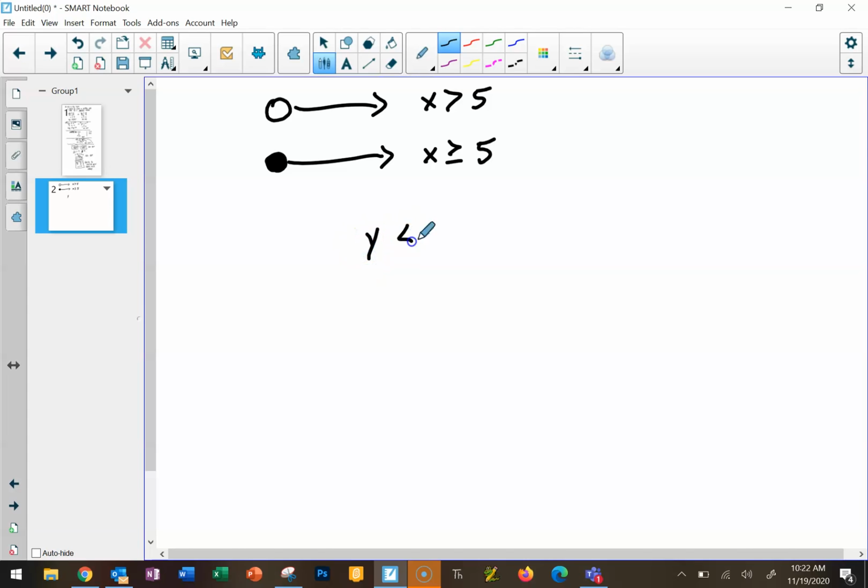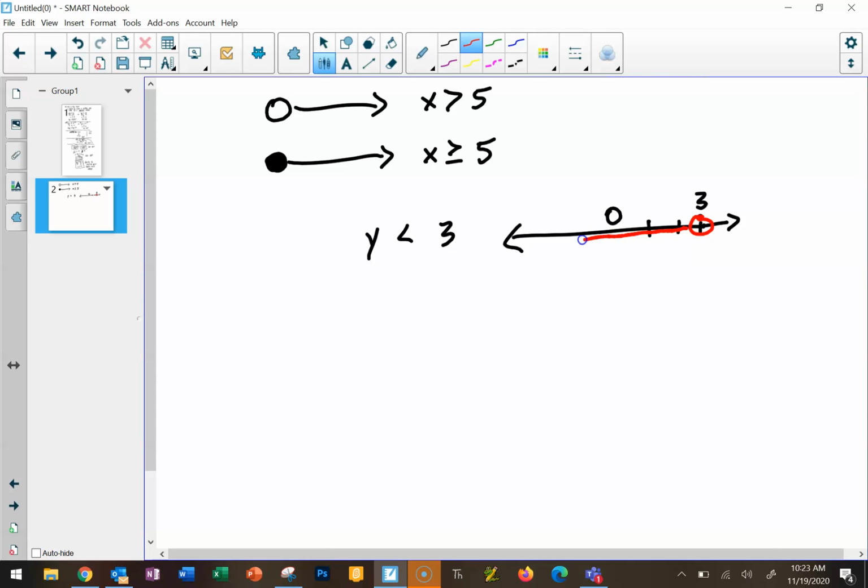If y is less than 3, our number line would look something like this. Okay, here's 0, here's, whatever, 1, 2, 3. Usually I got a little too close to the end. Okay, so let's say that this is 3. And if y is less than 3, we would have to circle this. I'll do it in red. You have to circle this, but not fill it in.